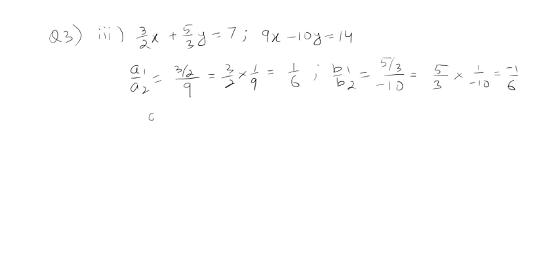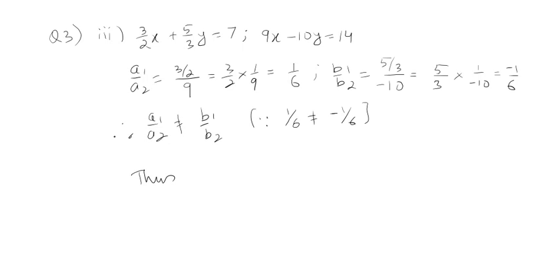So you have to be very careful about the sign. Sometimes students make a mistake and say they are equal. They are not equal, because 1 upon 6 is not equal to minus 1 upon 6. So thus, what was the question they were asking?